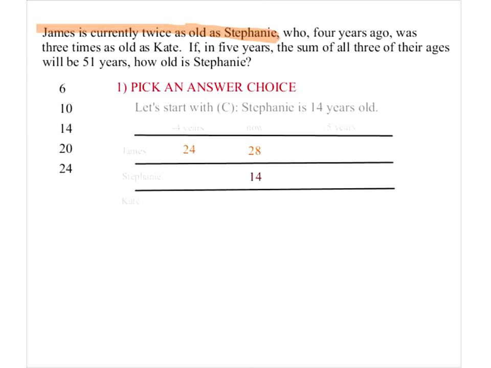So 24, 33, and we can do the same for Stephanie. So 10, 19. And then notice we could start calculating things for Kate, but notice that if we add these, even without Kate, this sum is already greater than 51.